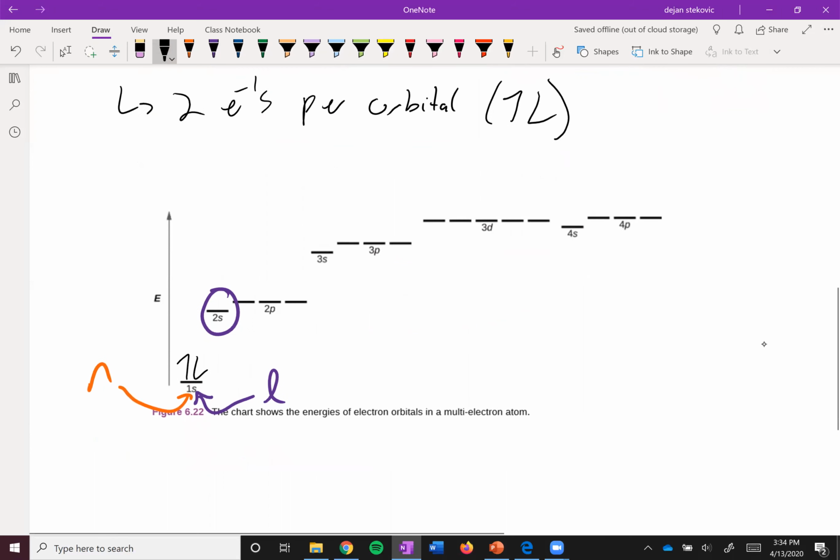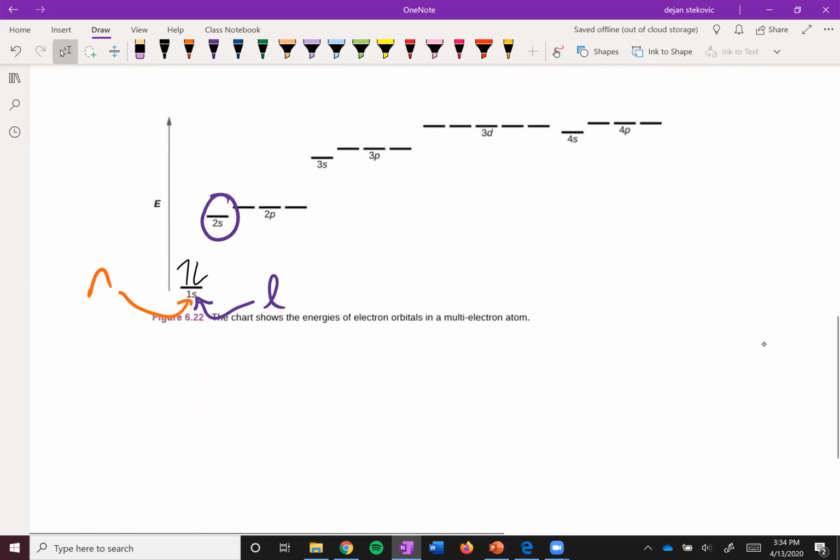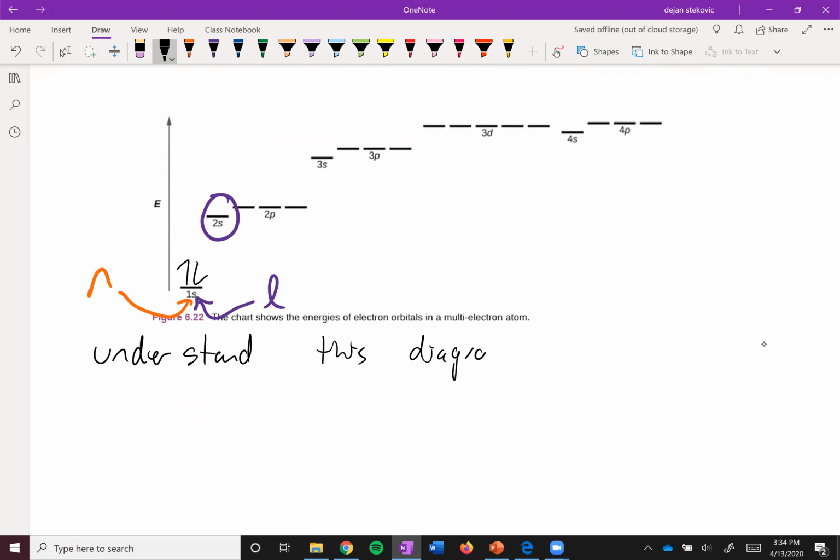So you want to take a look at this picture, and you really want to understand this diagram. Think about some questions to ask yourself. Why are there no 1p, 1d, and 1f orbitals?